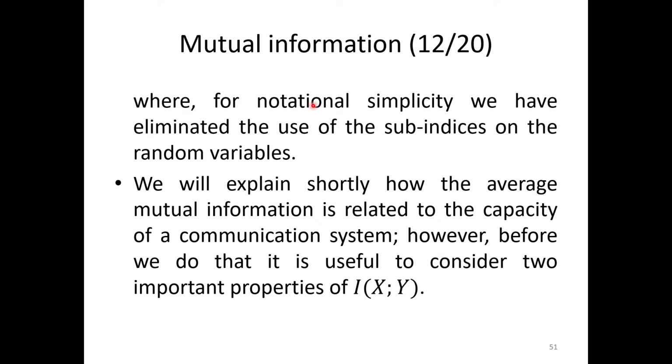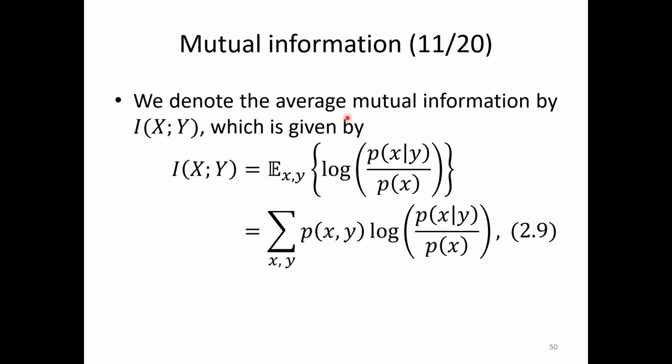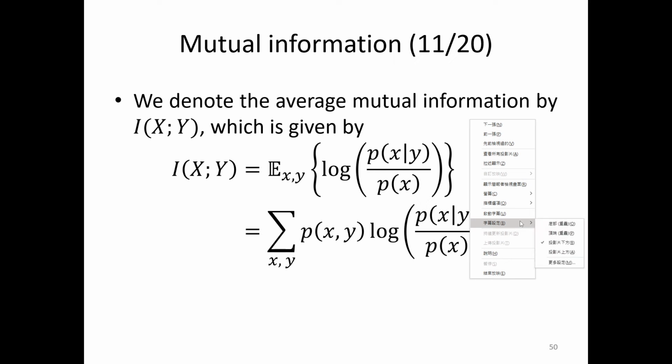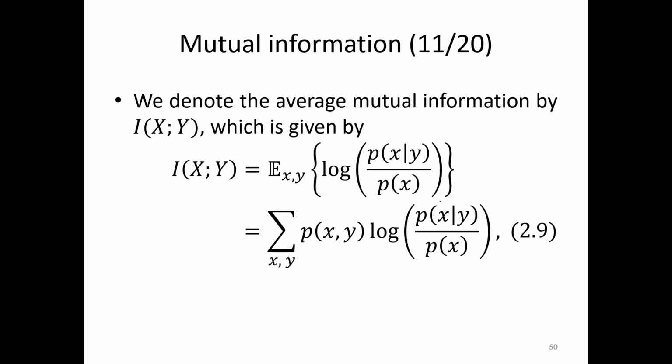Where, for notational simplicity, we have eliminated the use of the sub-indices on the random variables. What does this mean? That is, we omit these symbols. Let me write on this.